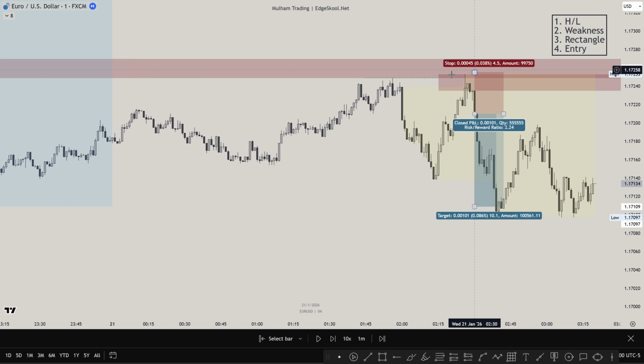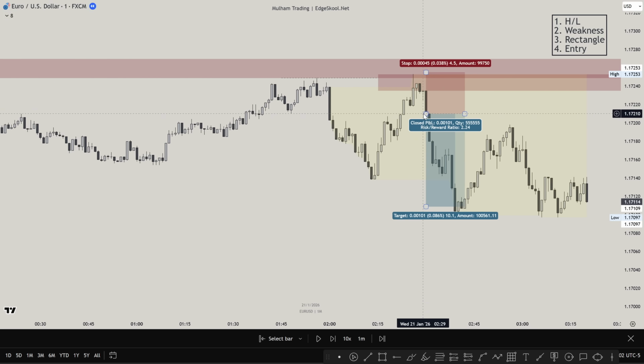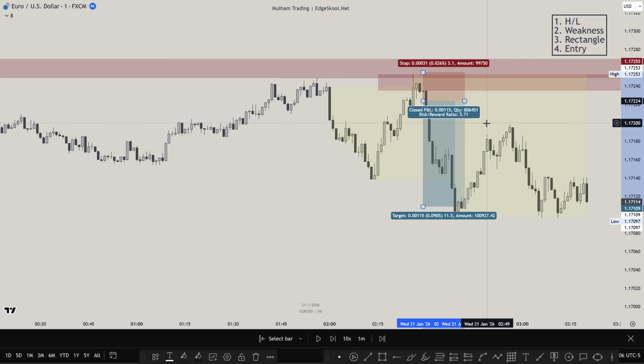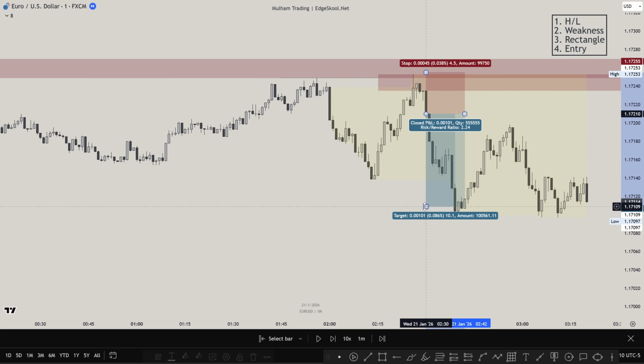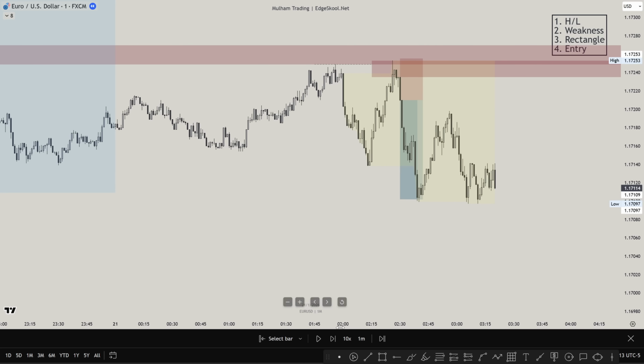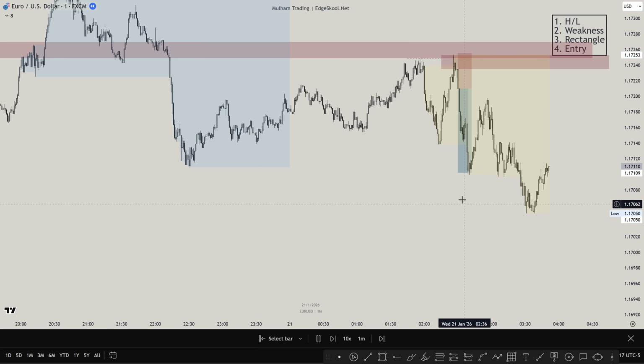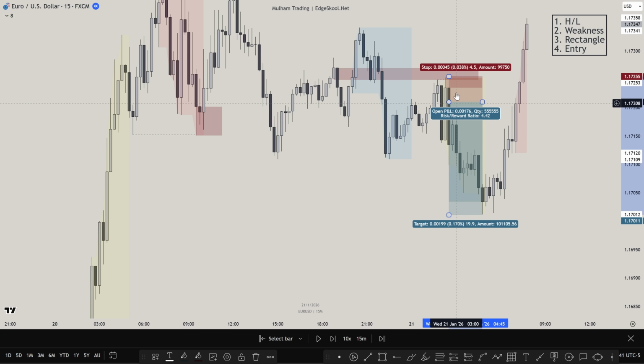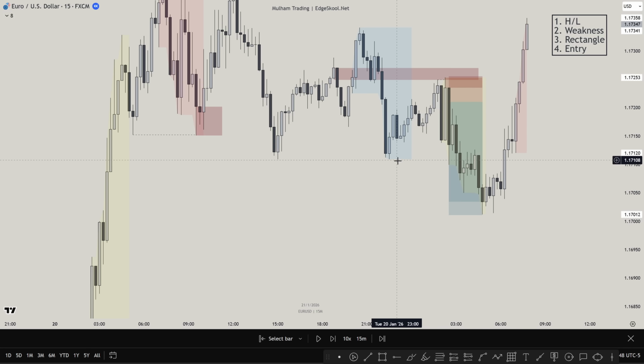Now for this one, I might actually skip this because this takes a lot of the reward to risk. But if I had an entry from here, it would be around 3.7 or 4 to 1, but it still gives around 2.5 to 1. And then it actually continues lower, and even with a bad entry, it's still about 3.5. And that's how the trade looks on the 15-minute. Zero drawdown, 4.4 to 1, and that is a huge trade.